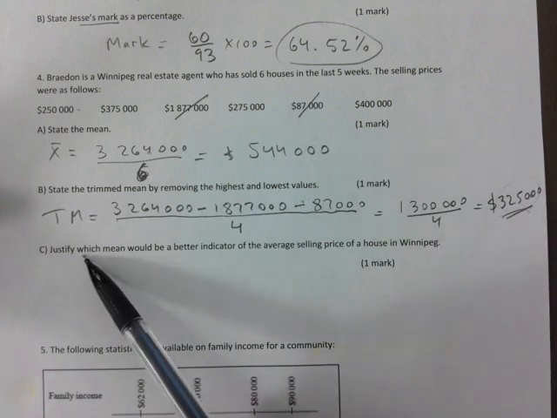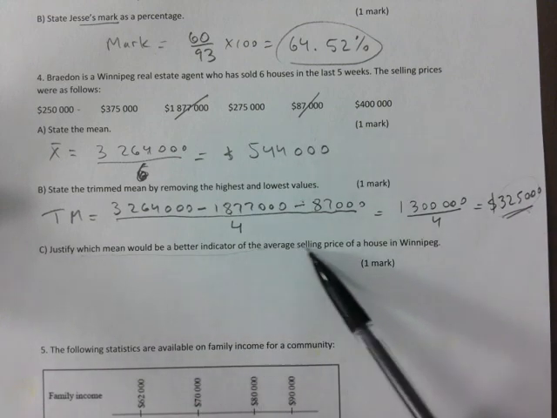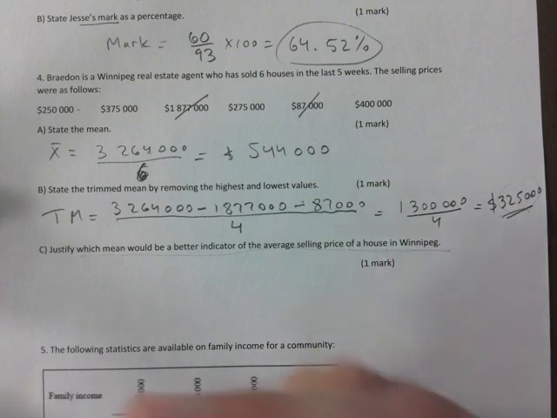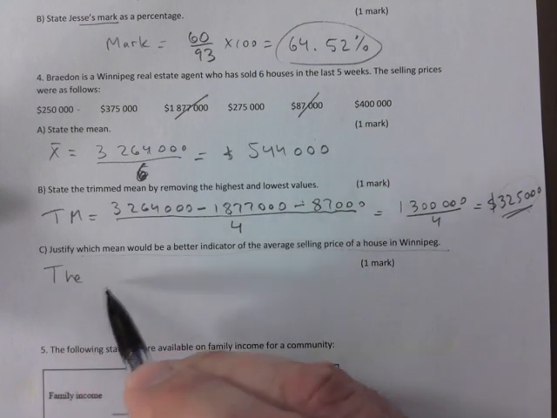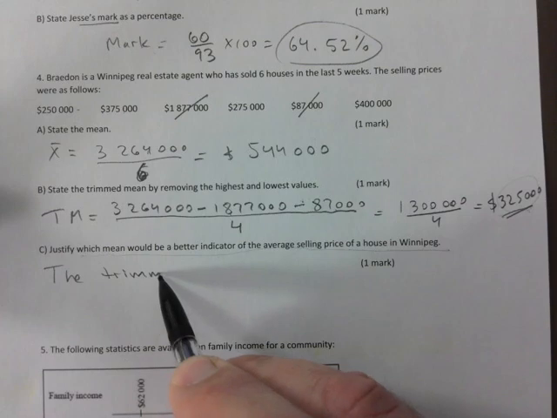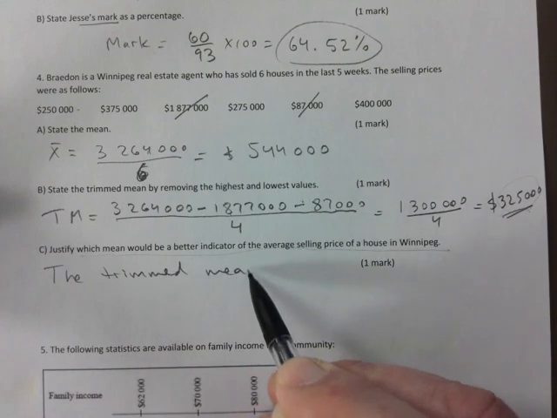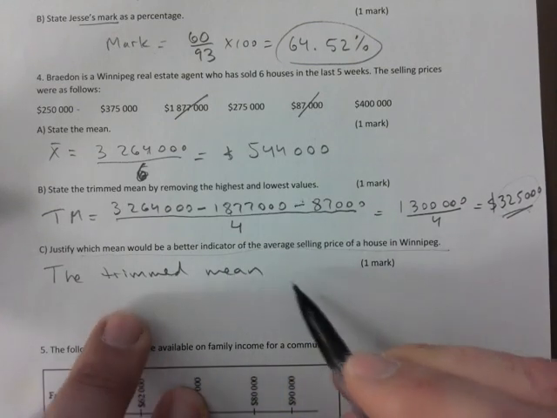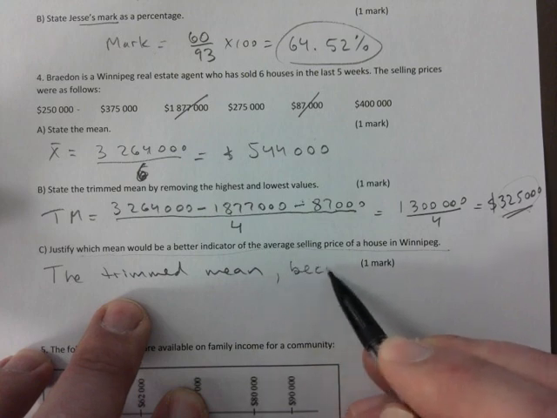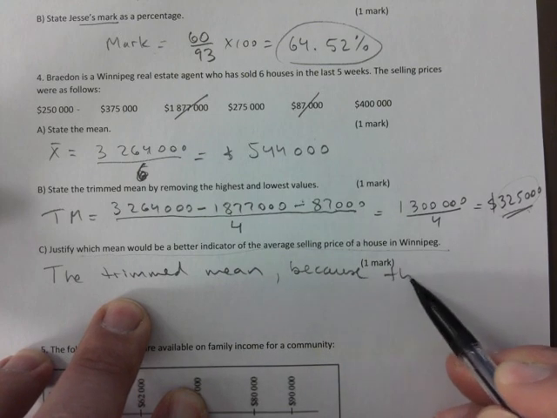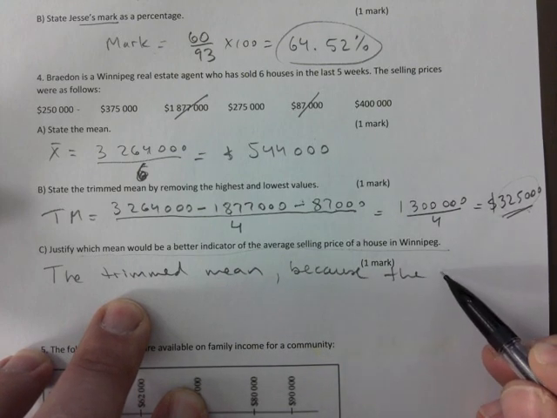right? Justify which mean would be a better indicator of the average selling price. The trimmed mean, right? If you justify the trimmed mean, right? Because the very expensive, right?